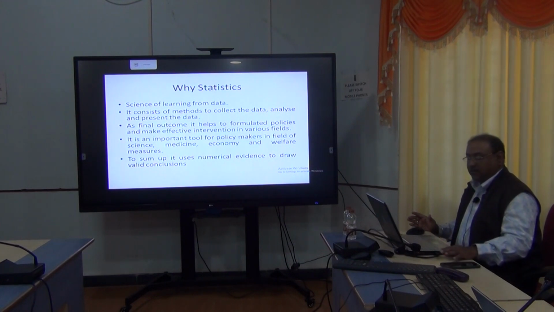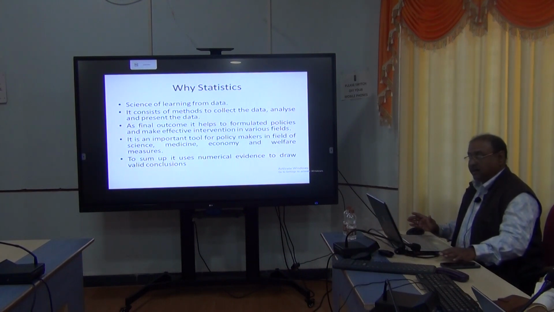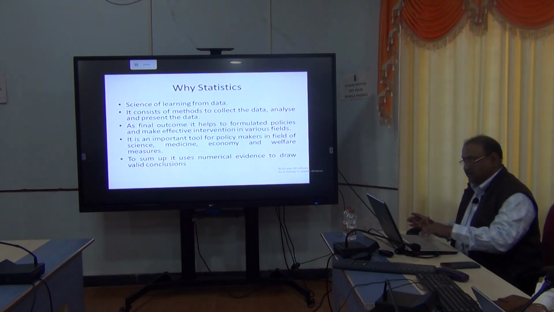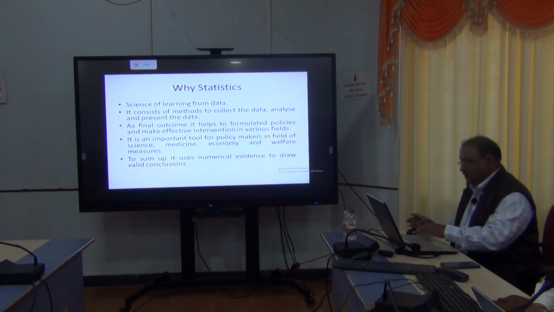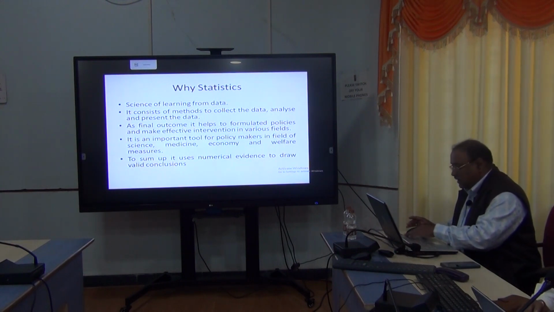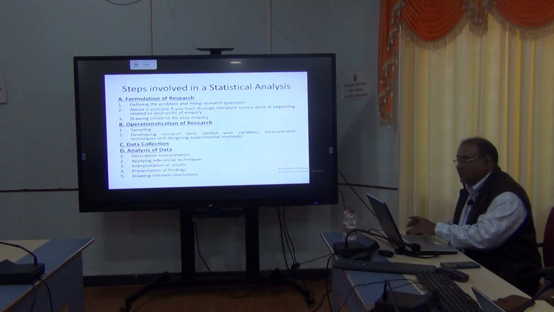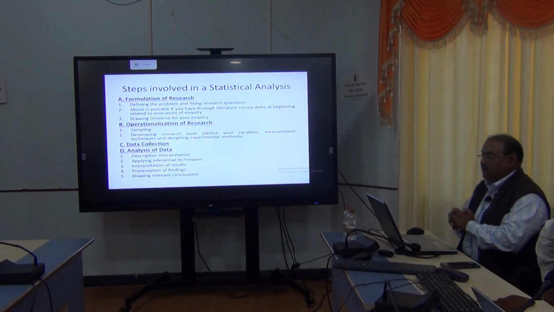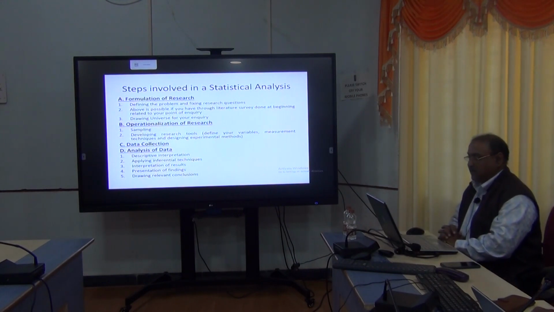Data gives power to formulate policies, and to address several challenges in various sectors of the economy. Without data, we cannot continue our modern way of policy making.